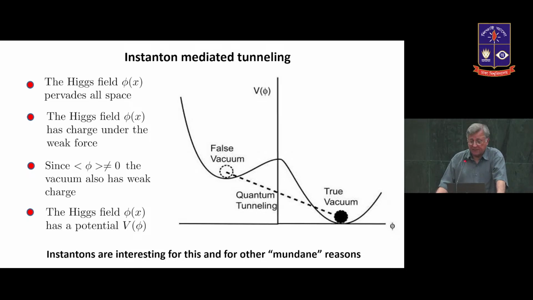So you see, the Higgs field is everywhere. Although it is electrically neutral, it has a charge under the weak force, and therefore the vacuum also has a weak charge. And you can go from a state of higher potential, higher energy to a lower energy. Now this is something that happens through an instanton.